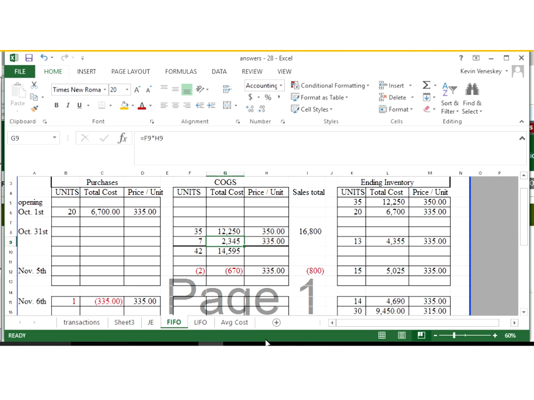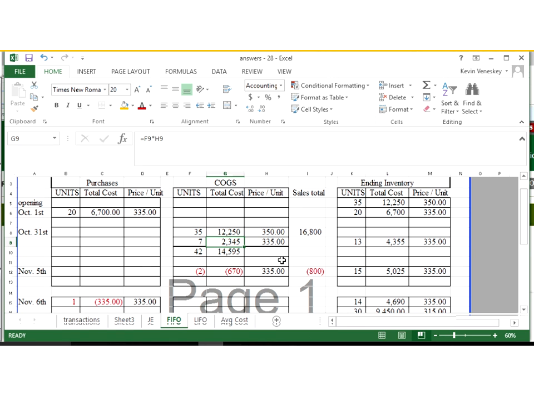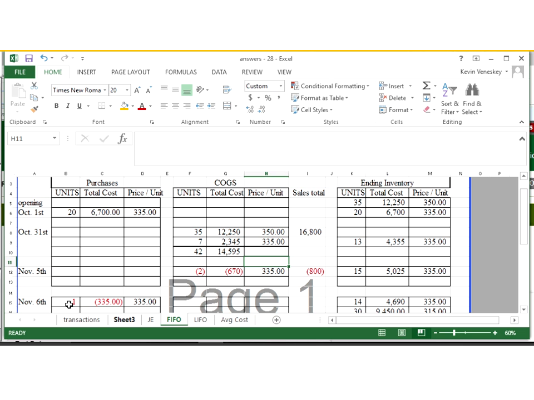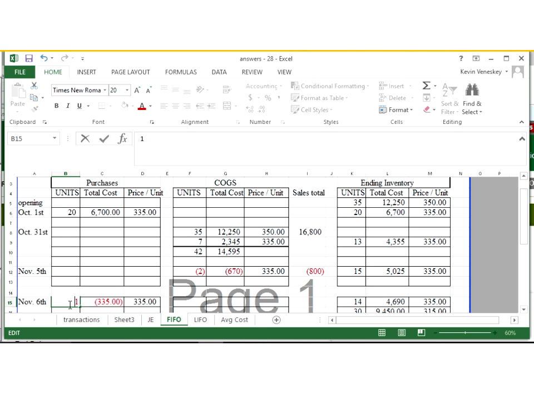So let's look at how the inventory sheet is going to look first. So when I return an item, I'm going to again put this as a negative.